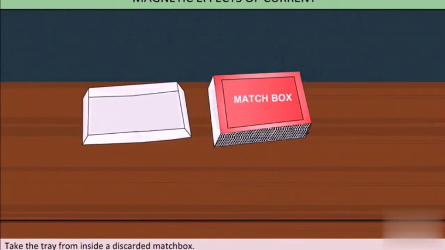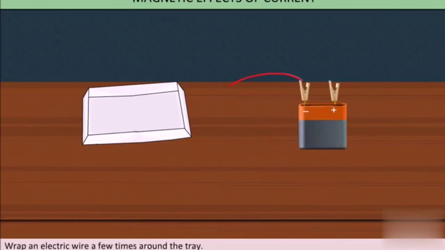Magnetic effect of electric current. Take the tray from inside a discarded matchbox. Wrap an electric wire a few times around the tray.